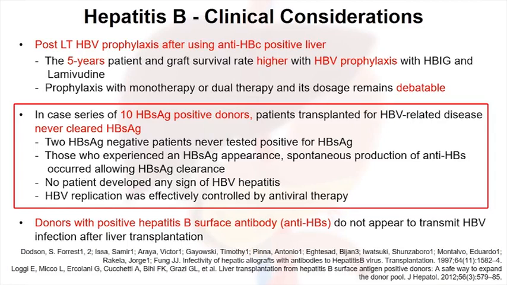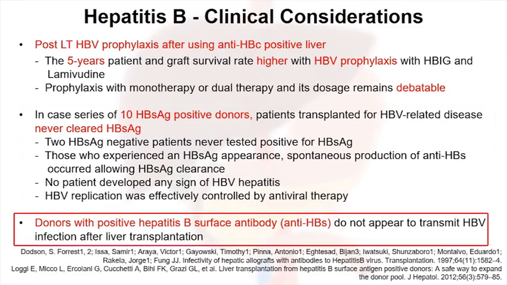Many times, even virus replication is not seen, even in the absence of prophylaxis. So, though it should not be knowingly used in those who are hepatitis B negative, if it is accidentally used, then prophylaxis can prevent the development of hepatitis B related liver problems after transplant.